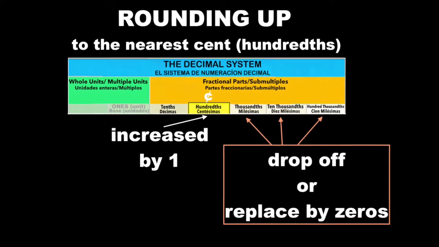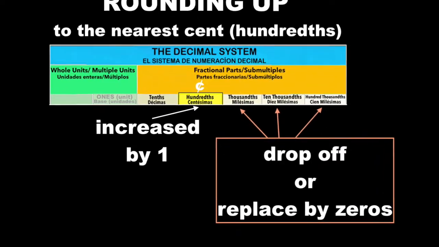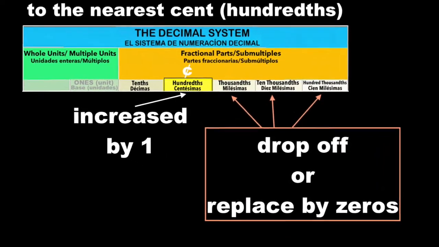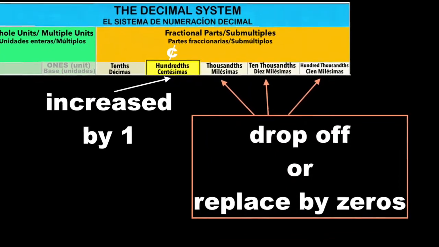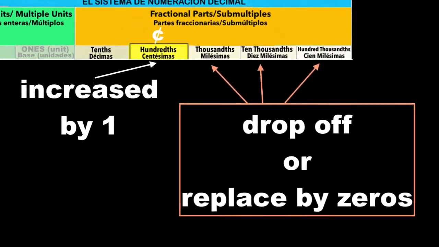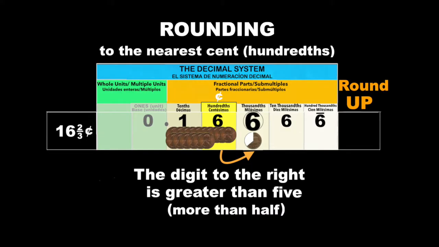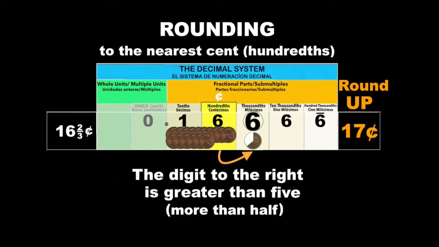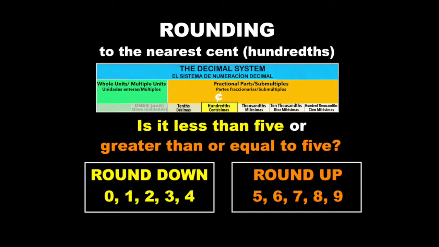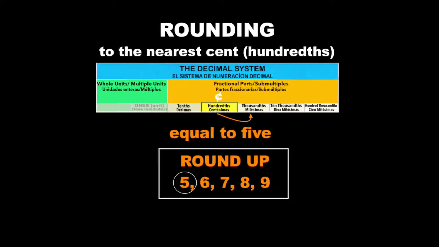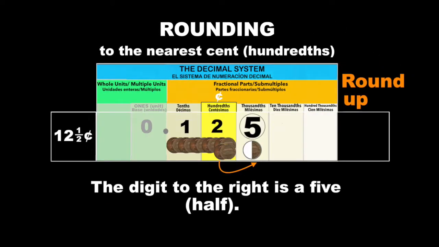That means the digit on the hundredths place is increased by 1, but all the other digits to its right are dropped off or replaced by zeros. Round up if the digit immediately to the right is a 5.